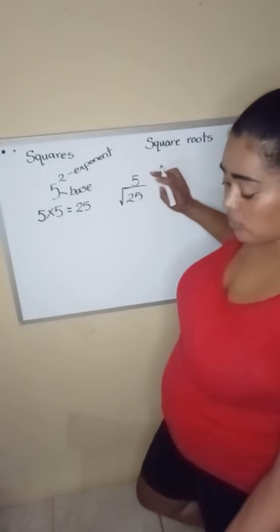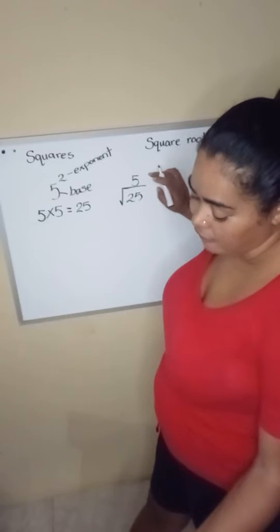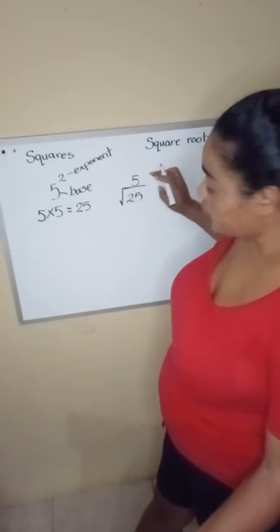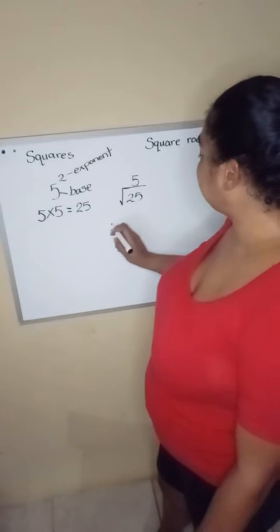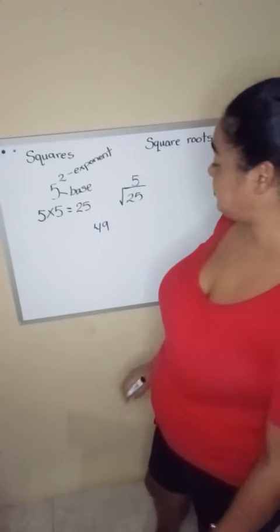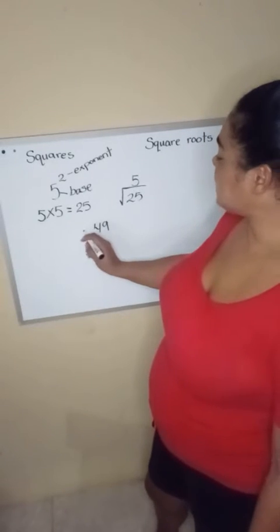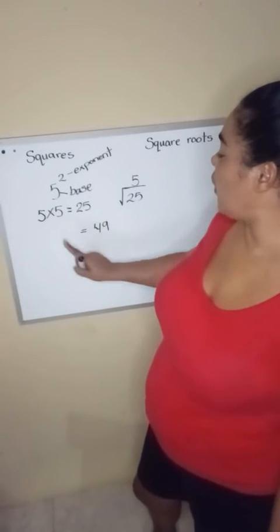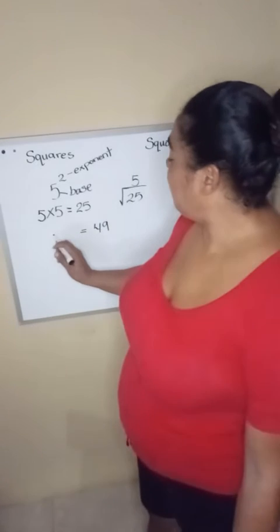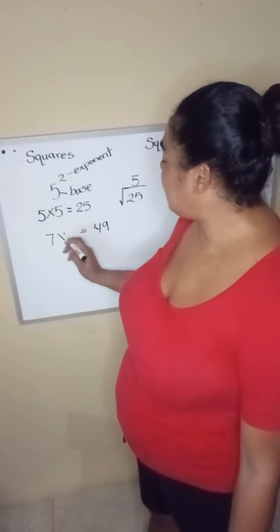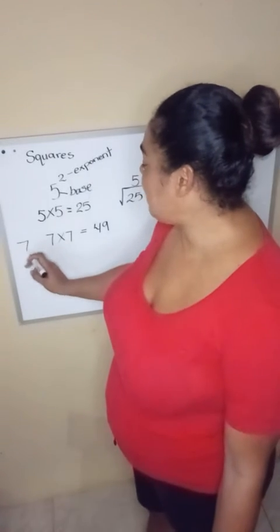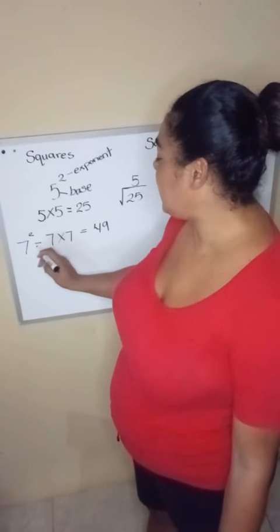Let's look at another one. If we have the number 49. What times what will give you 49? The number 7 times itself, right? Or 7 squared.